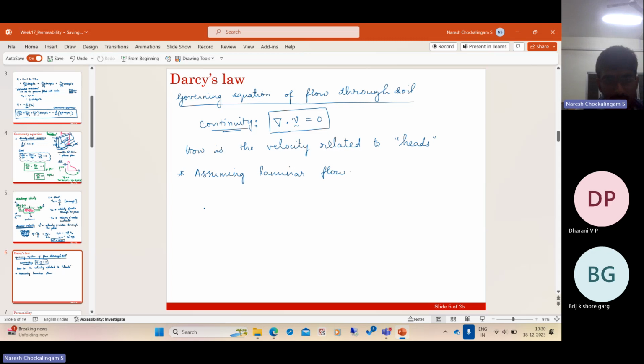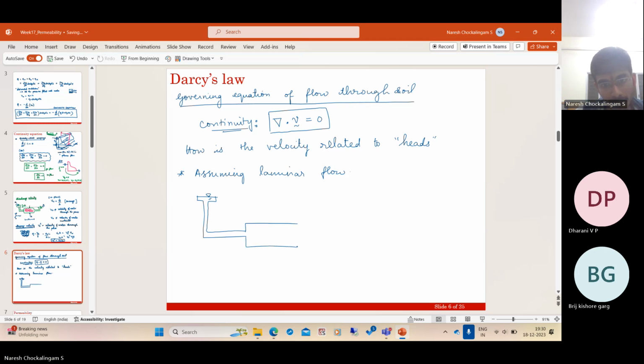If you assume laminar flow, and let us consider the same example, we have a steady state 1D seepage. And this is an experiment that can be easily carried out.